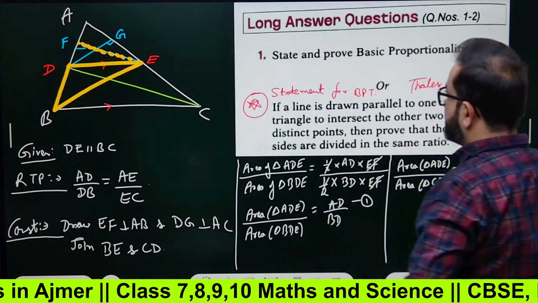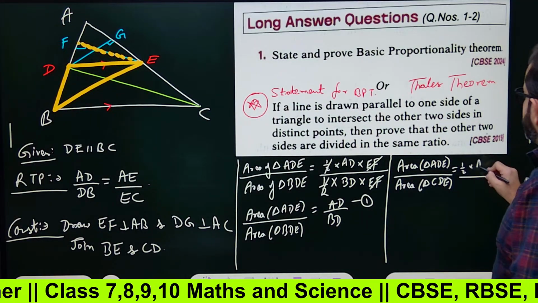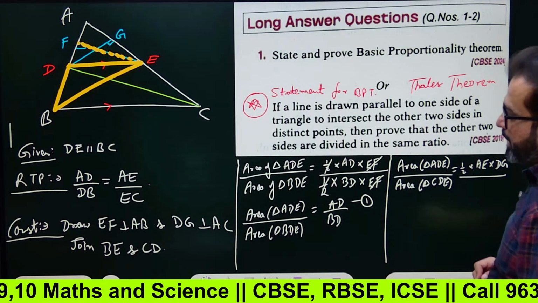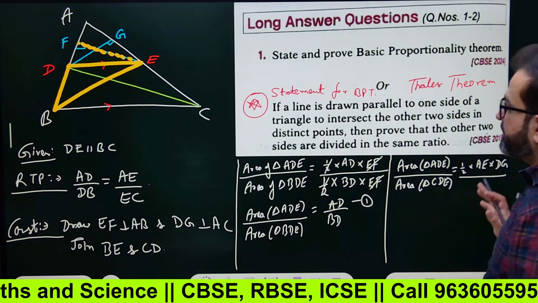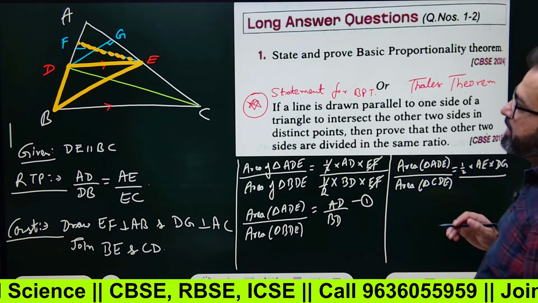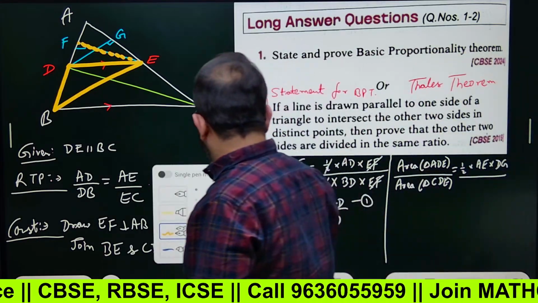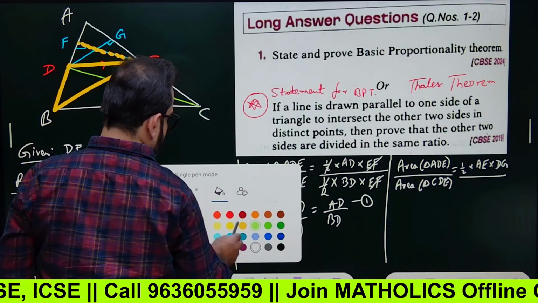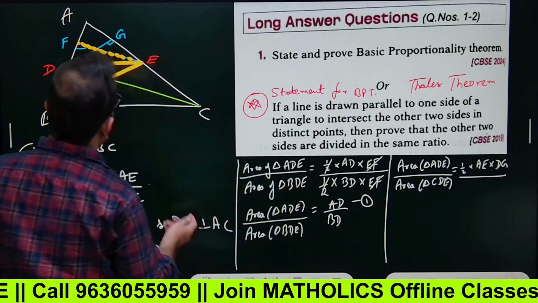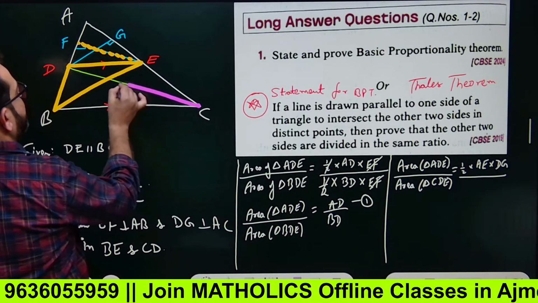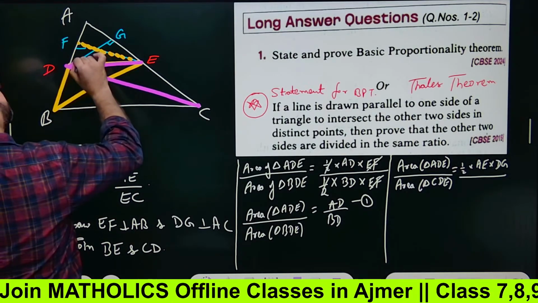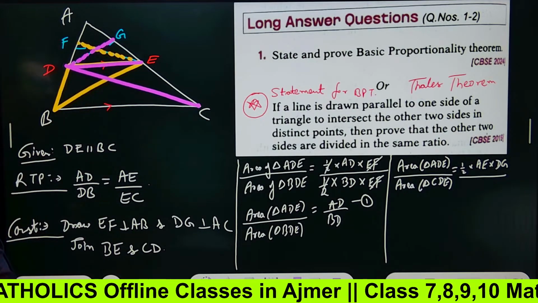So half into AE into DG, upon area of triangle CDE. This will be the perpendicular. Yes or no? Tell me.